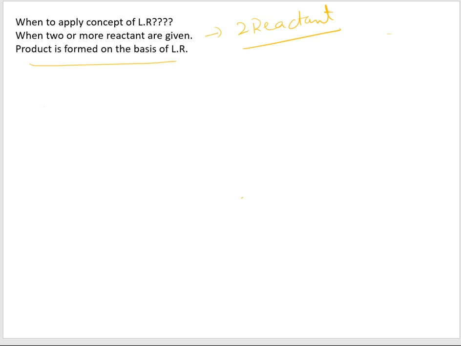Let me take one more example. 2A plus 3B gives 4C plus D. Here 3 moles of A are given, and 4 moles of B are given. We have to find how much C is formed. I have told you the formula.